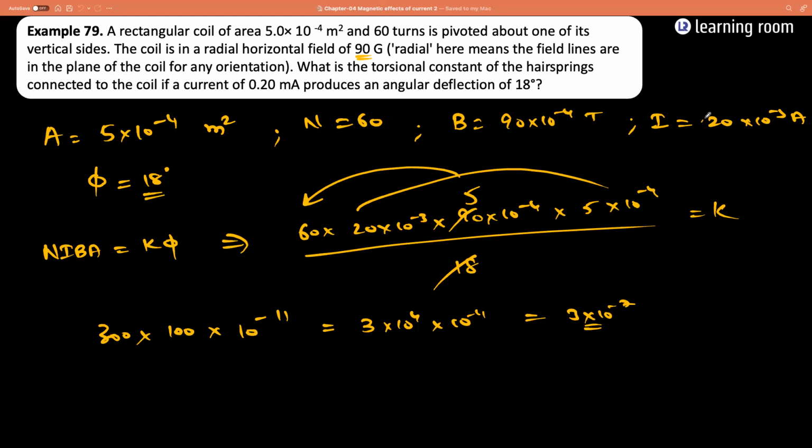Okay, then it should be 10 power minus 4. I'm still getting 10 power minus 8. Where did I go wrong? Sir, you wrote 20 into 10 power minus 6. Okay. So then it should be minus 9. Minus 9.